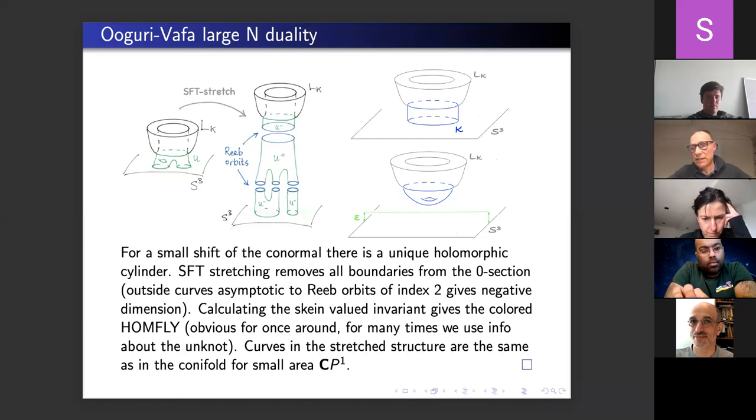In this process, we see the initial cylinder start deforming, scaling away, and when we're done stretching, they're only closed curves, but their count is this HOMFLY polynomial. The fact that S3 is round, it doesn't have any fundamental group, allows us to stretch away everything. And so this is somehow the proof of this transition.